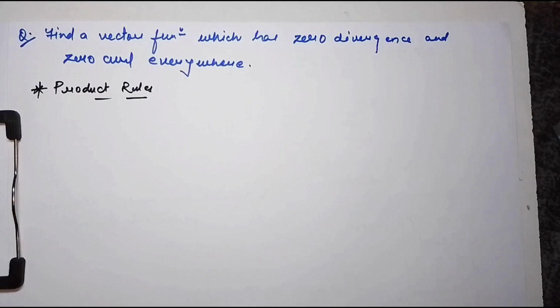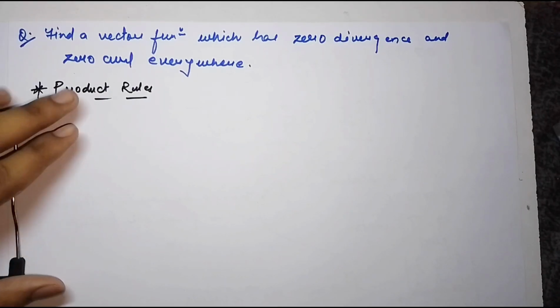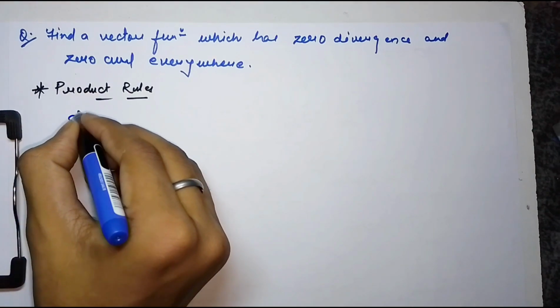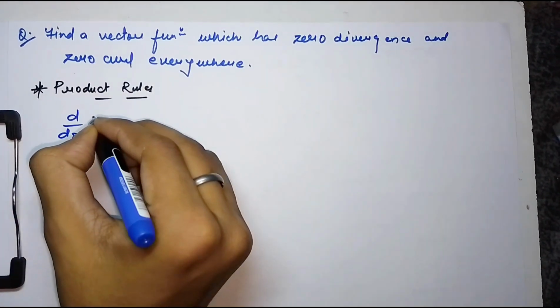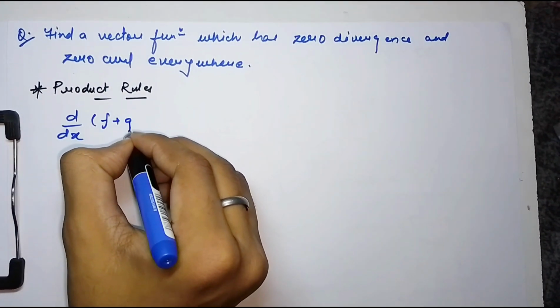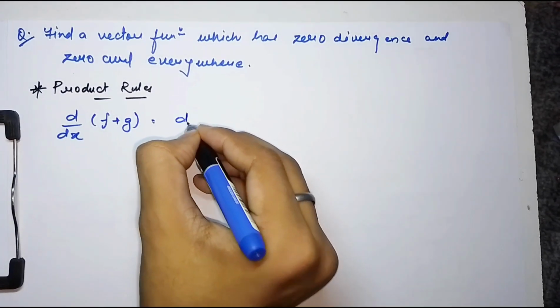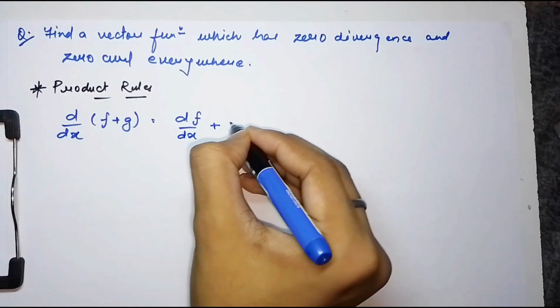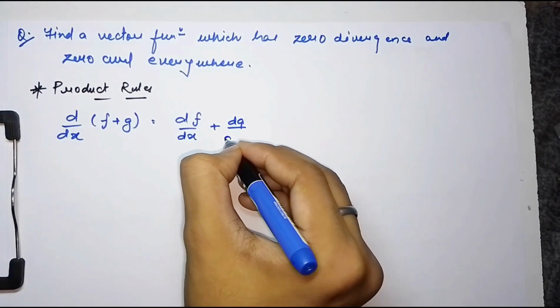Product rules, addition rules and subtraction rules, we are going to understand all of them in this particular topic. Now, what does this topic say? Suppose we have to take the derivative d upon dx of some function f plus g. We can separate them and find df upon dx plus dg upon dx.